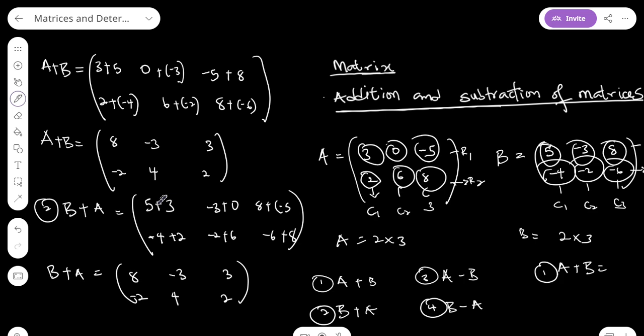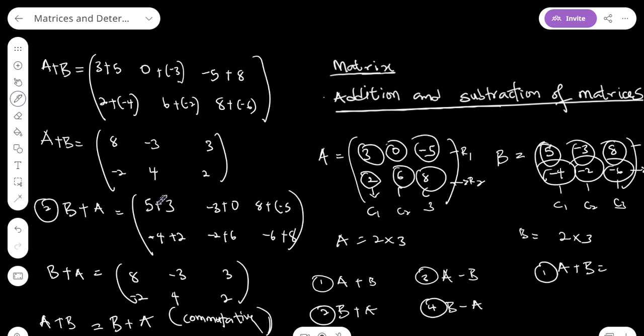So one of the things we discovered is that A plus B is the same thing as B plus A, because A plus B gave us 8, minus 3, 3, and minus 2, 4, 2, which is the same. That is commutative, it obeys the commutative law. So matrix addition obeys the commutative law.